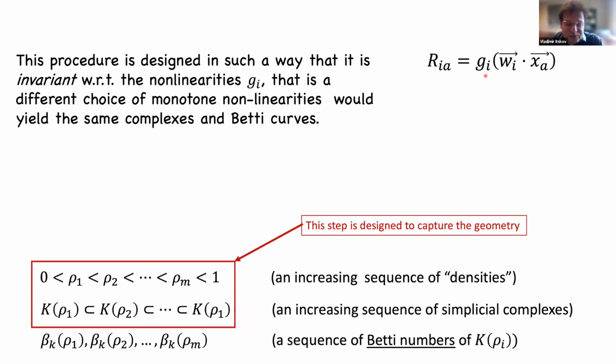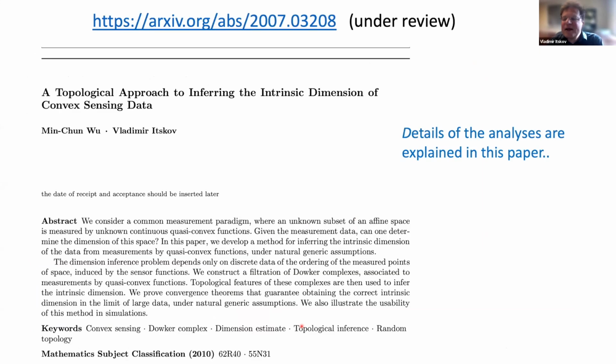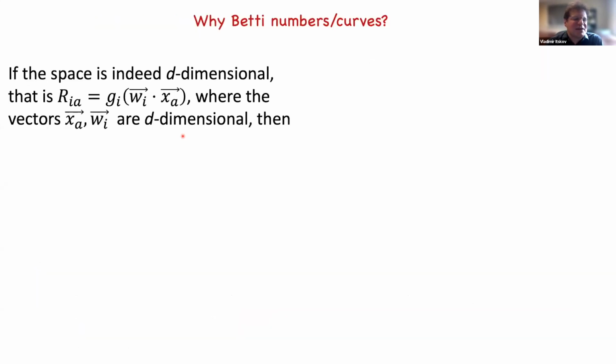And here, what this machinery does, it is invariant with respect to applying any monotone function. So if you had these vectors W's and X's and applied one nonlinearity and applied another nonlinearity, you would get exactly the same Betti curves as the output. So there is no difference. The details of this are explained in this manuscript, so I didn't do any justice.